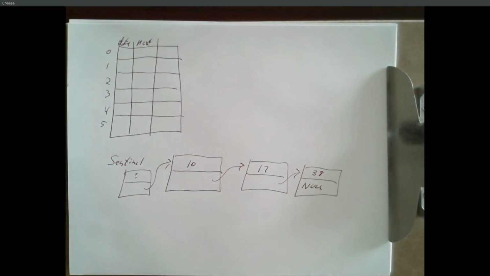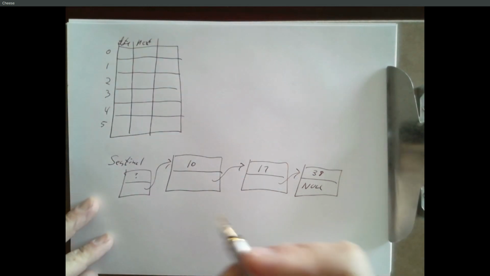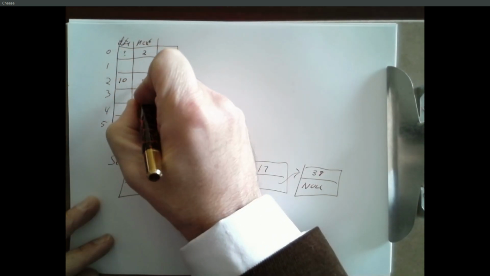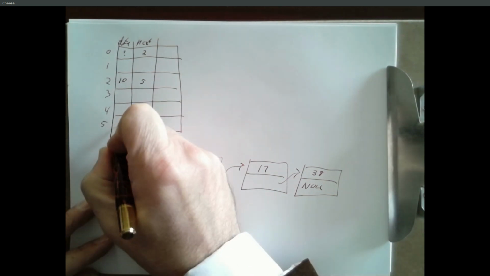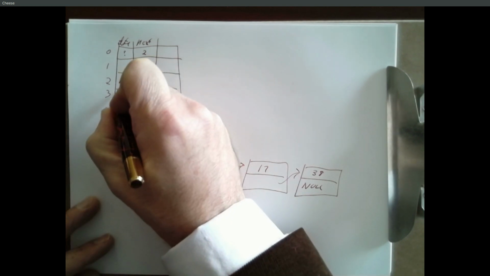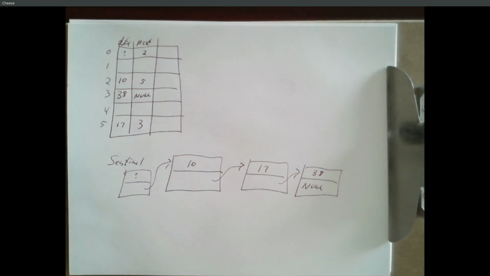So we know our list looks like this, right? Sentinel points to the first node, which has a 10, that points to a node with 17, points to a node with 38, and 38's pointer is null. So this might be stored in the array as, for example, that might be what the elements of the array look like.